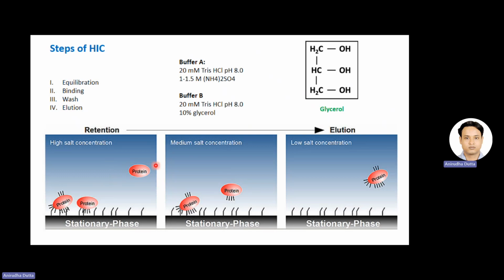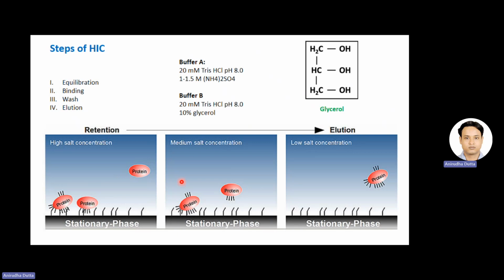Suppose you have a protein which doesn't bind to your matrix, so it comes out in the flow through, but the rest of the proteins stay in the column. In that sense, you are still getting purified protein, because the rest of the proteins that you intend to remove stay in the matrix, and your protein of interest comes out of the column. So you get a partial purification, or maybe full purification.